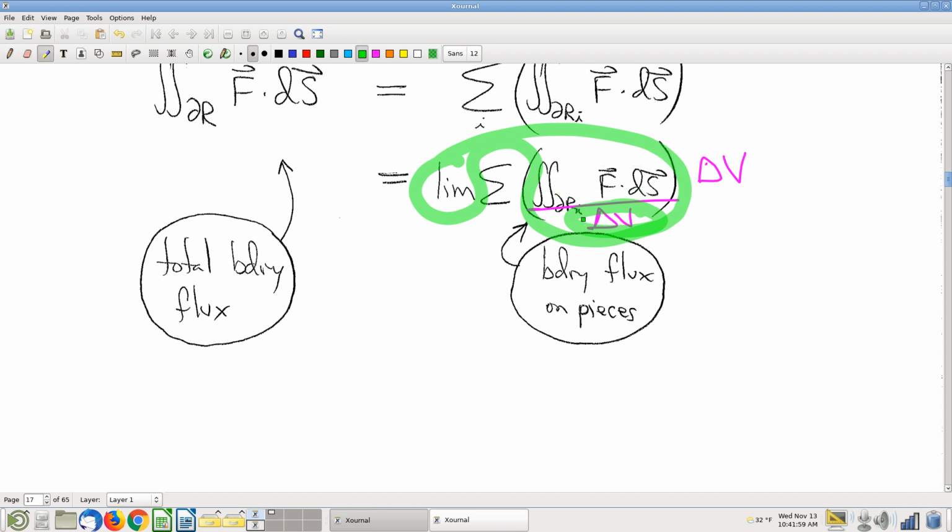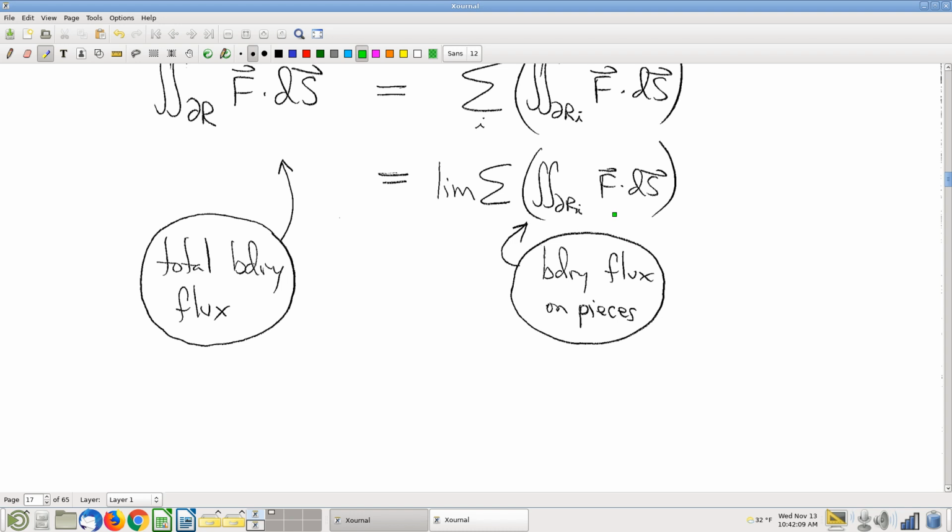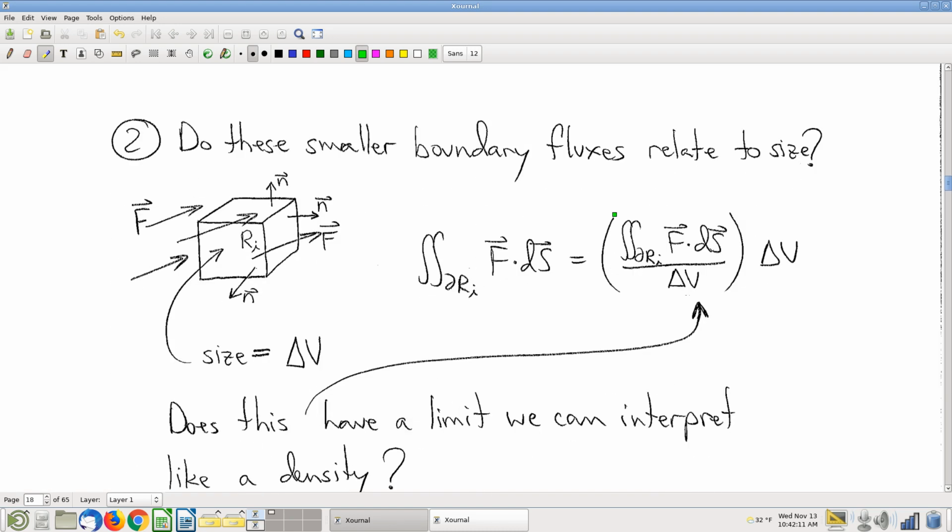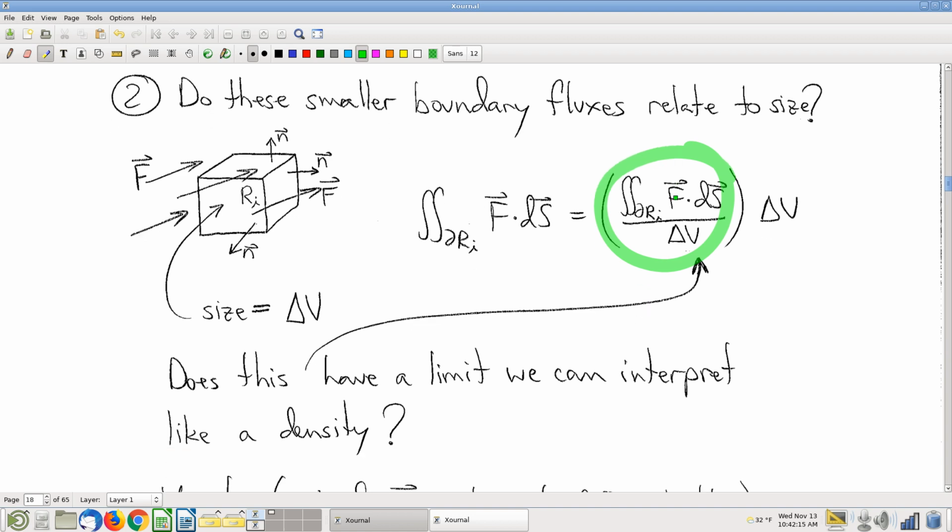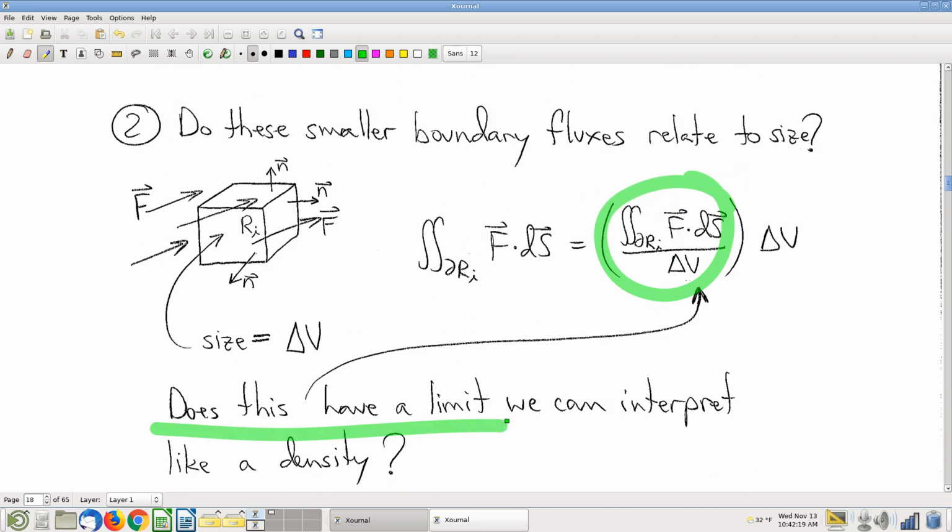Right, so flux divided by volume. Flux per unit volume, you might say. That's what we come to. Okay. And so here it is. Flux per unit volume. Does this have a limit? Turns out it does. Yes, it does have a limit.